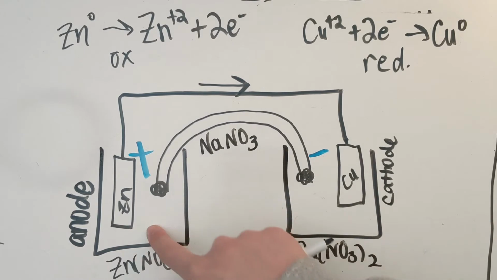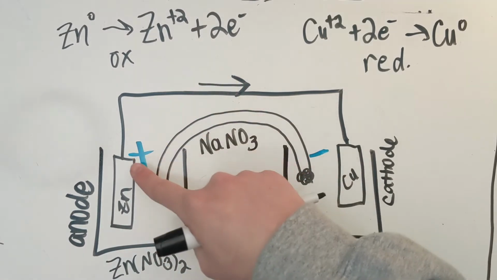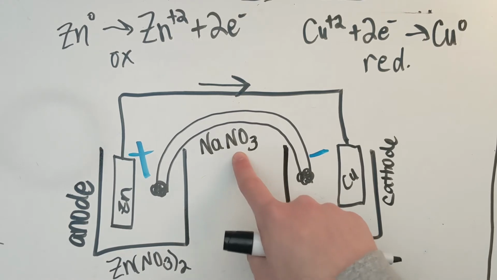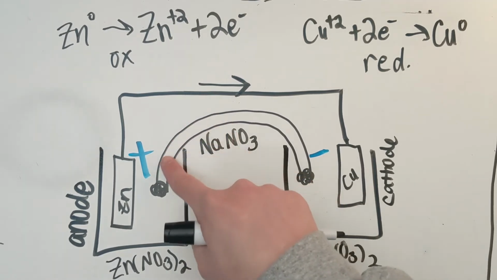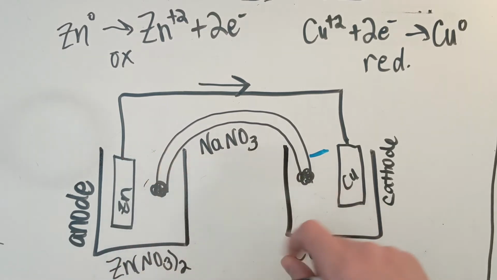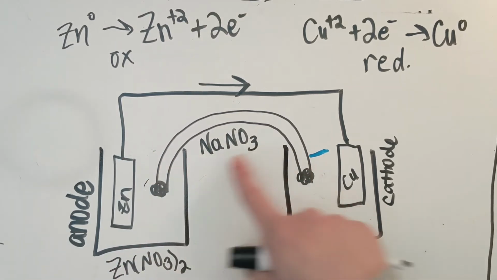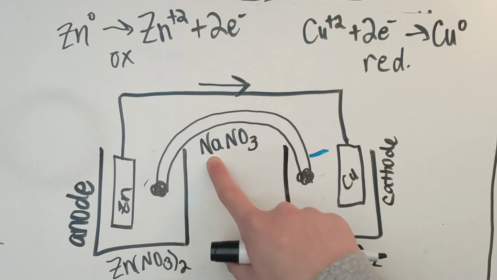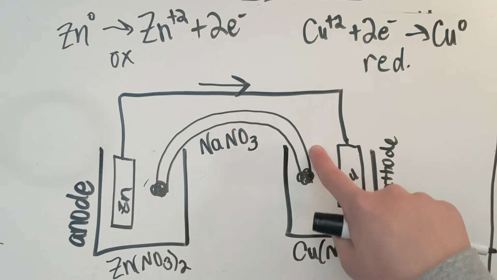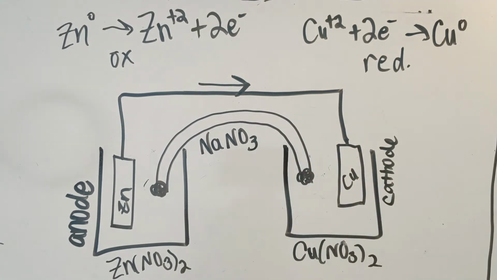So, as this zinc is losing electrons and becoming positive, the nitrate ions, which are the negative ions here, are going to migrate through this tube and eliminate this positive charge. And as this is becoming negative, the sodiums, which are positive, are going to travel through this tube and fix that overall negative charge.